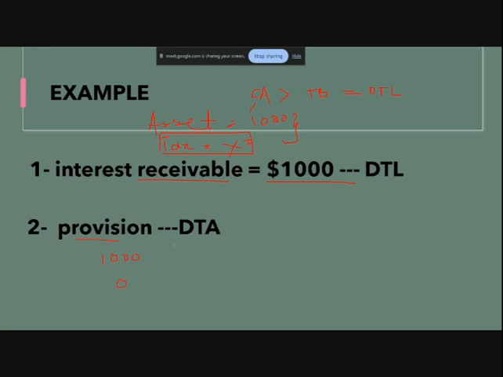Here it is a liability, so the carrying amount of liability is greater than the tax base, because in our accounts we have a liability of 1,000, but in tax we don't have any such liability. So it gives rise to deferred tax asset. Things work something similar to this.